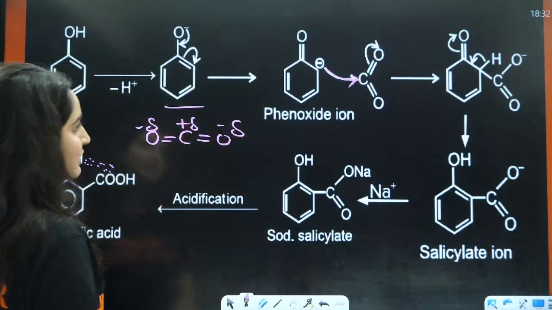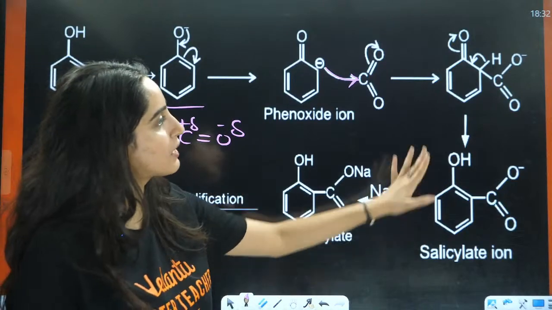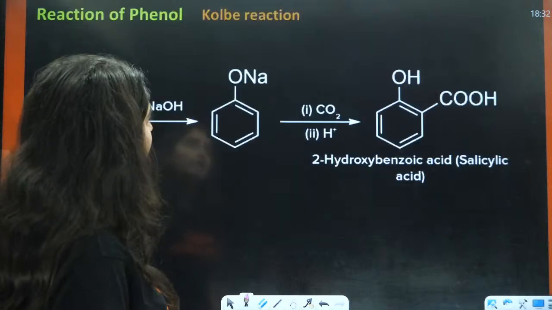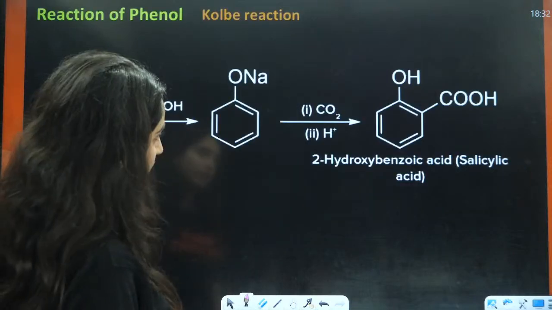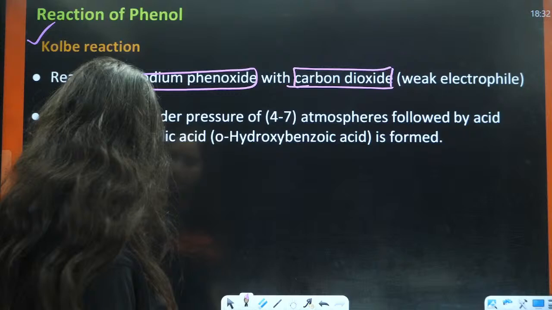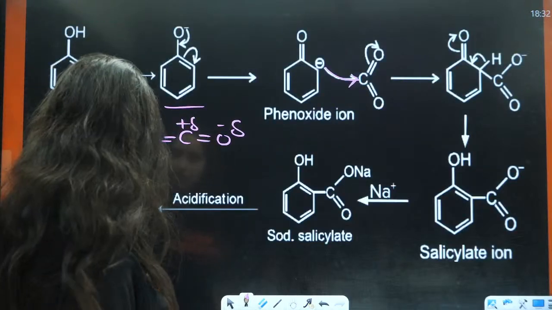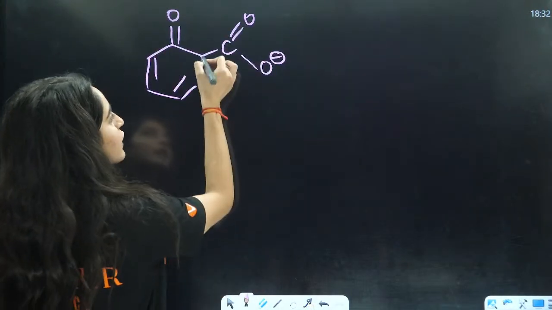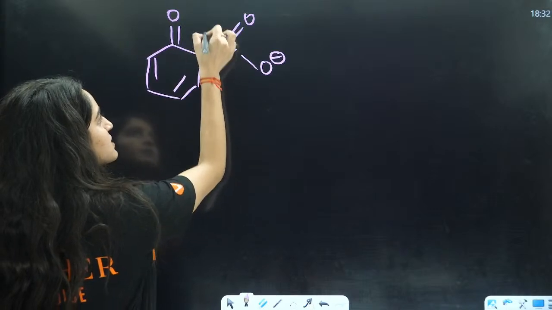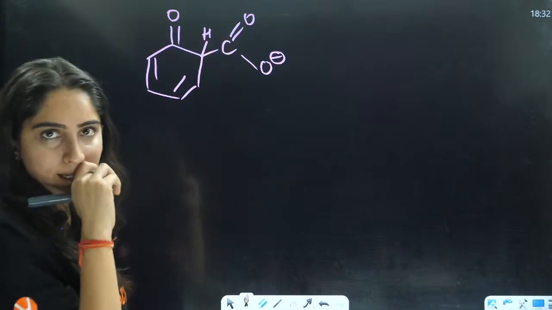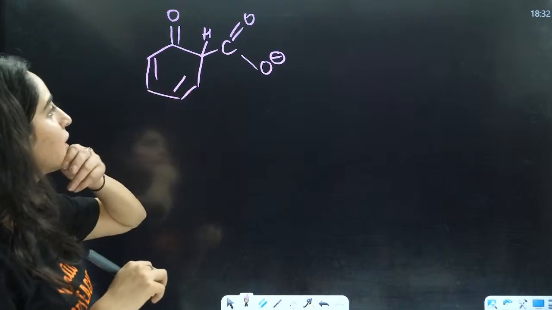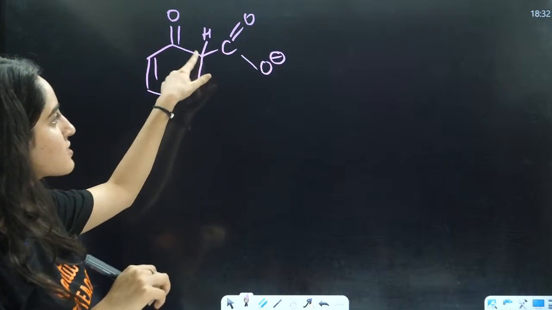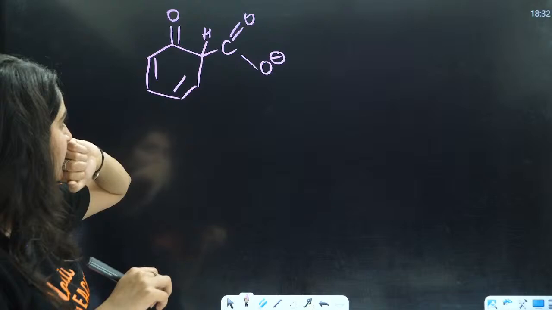Okay. Now, once you have this, what will happen next? We know that here it must have one hydrogen before that. One hydrogen should be there. Now, in this carbon also the tetravalency is completed.